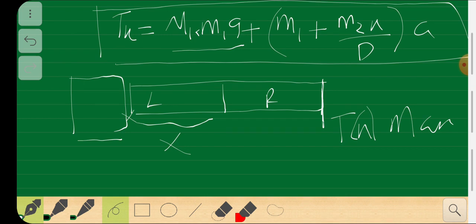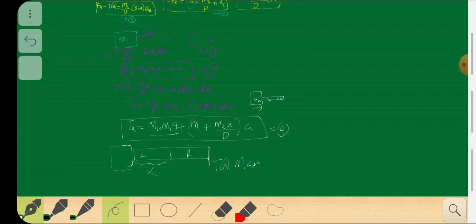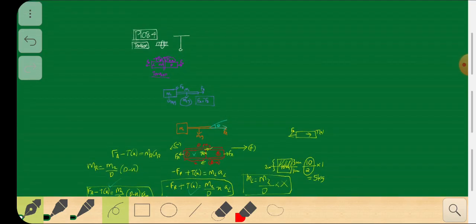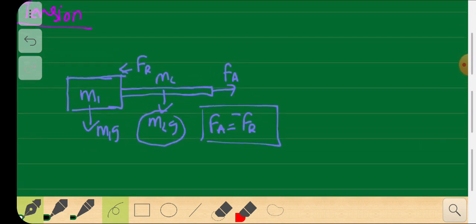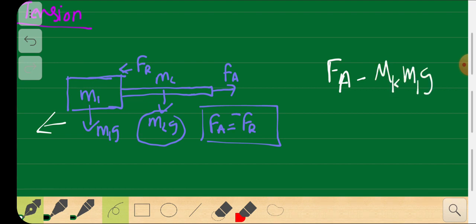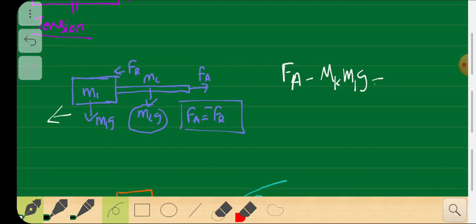Now if you look collectively at what the equation of this body was, if you want a brief understanding, you can say Fa to the right, which was the applied force, minus the frictional force to the left, which I'll write as mu m1 g, must be equal to ma, where m is m1 plus m2, times a.